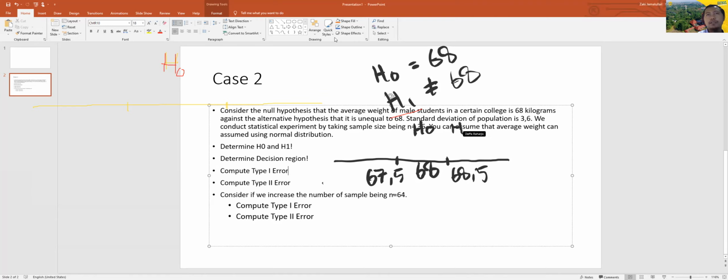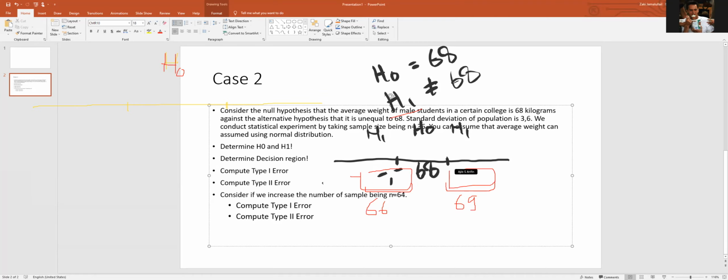Yes, but you don't need to be equal to the previous one. You can choose, let's say, 66, or 69 is also possible. If you choose this value, it's still okay. The thing I want to point out is the meaning of why we put 66 and why we put 69. Why, Dafa?